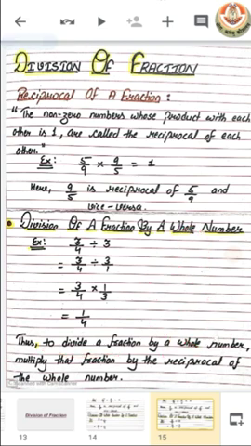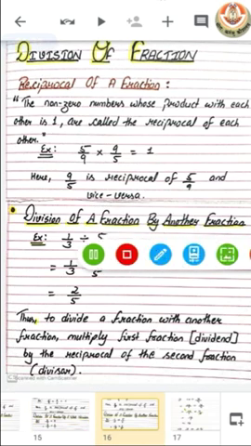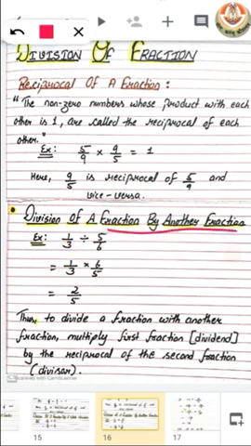Let's discuss another division type of fraction, which is division of a fraction by another fraction. Now we have two fractions, so we don't have to put any number in denominator to convert a whole number into fraction. We already have two fractions.